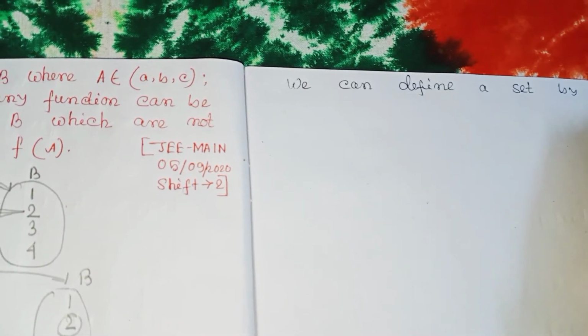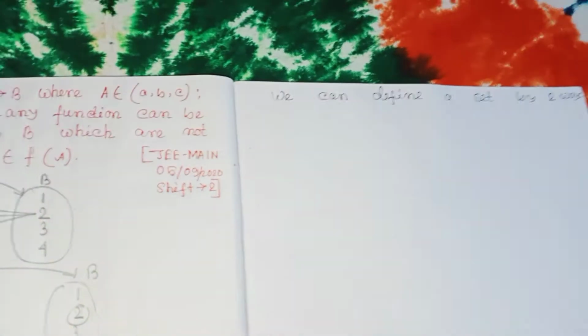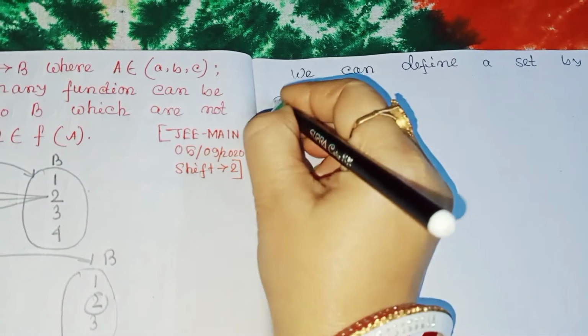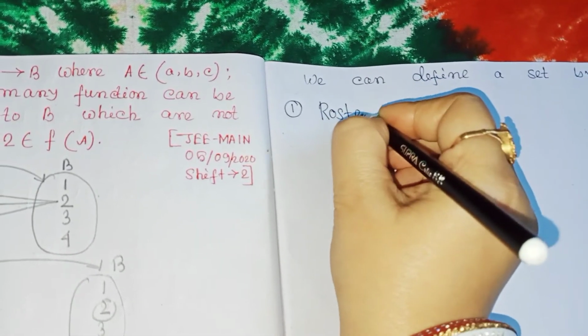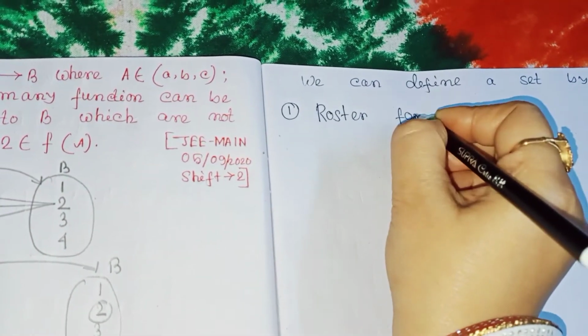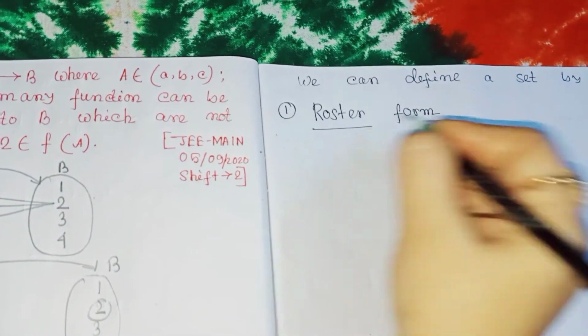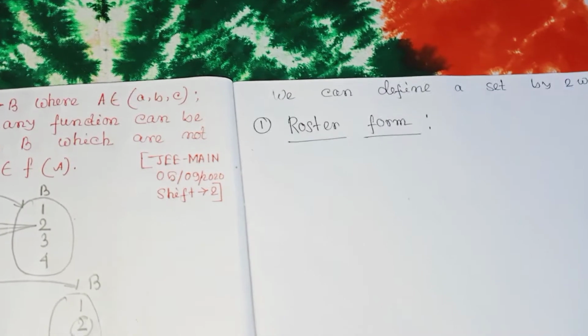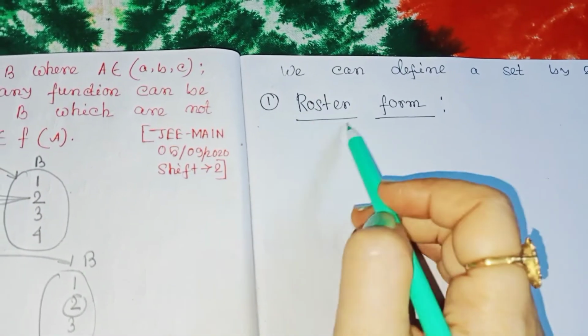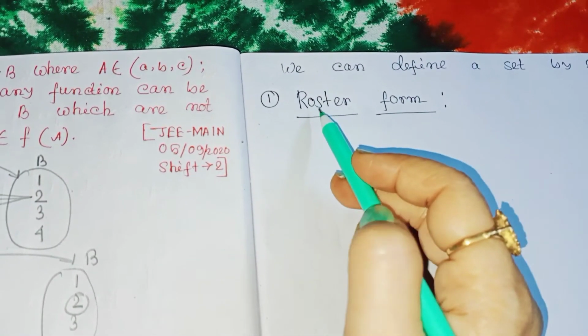And what are these names? Number one is roster form. This sound is common for forming sets.